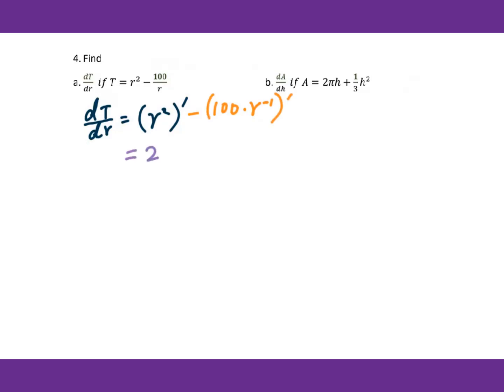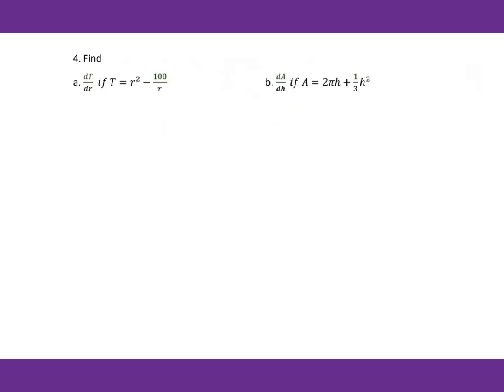R squared, we know that is 2r, minus 100 times drop down, that is negative 1, then r to the negative second power. So we get 2r, negative 100 times negative 1 is plus 100 over r squared.